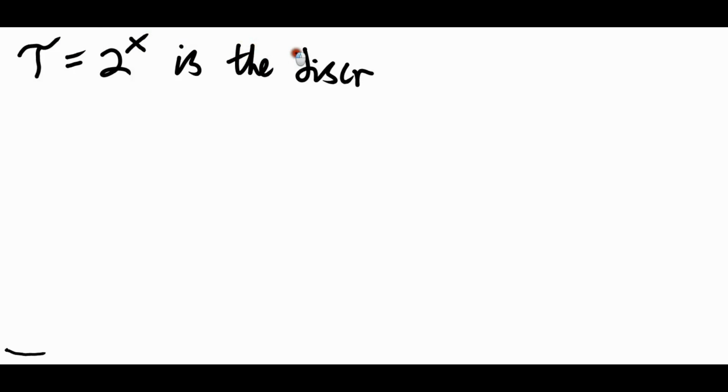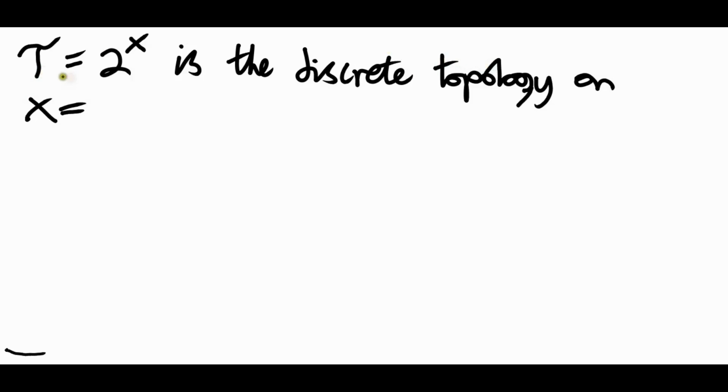So tau equal to the power set of X is called the discrete topology on a non-empty set X. Okay, so this is an important topological space.